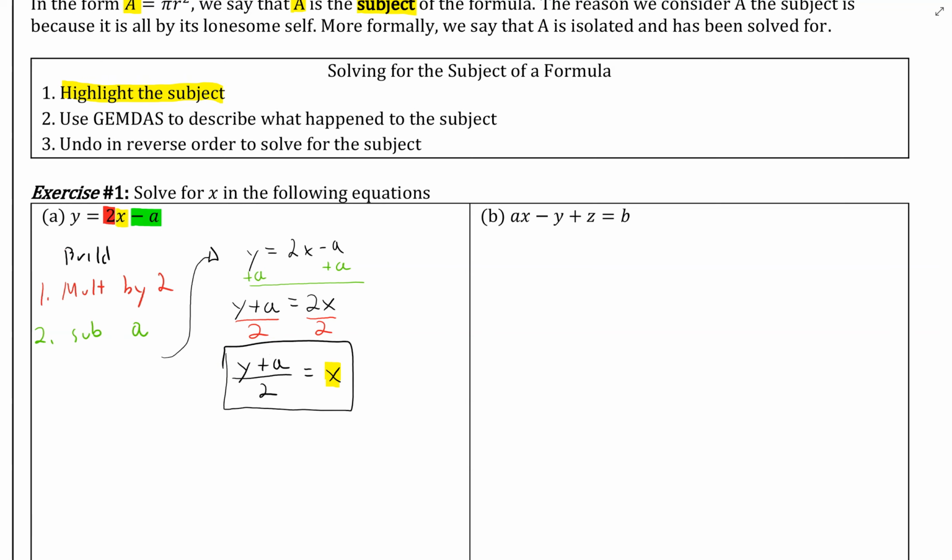Now in exercise 1b, it's going to be really similar. It's just we have more letters, but it's the same idea, right? We're solving for x, so I'll highlight x. Now there are 3 things that are happening in this problem. First, the a means that x has been multiplied by a.